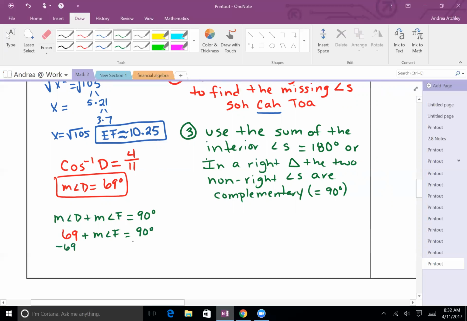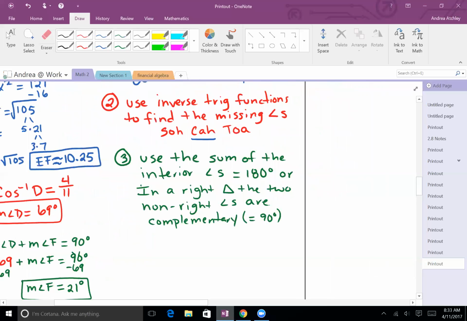Subtract it, and the measure of angle F equals 21 degrees. Now I have all my side lengths, all of my angles, so we're done. Any questions on that? Okay, next one.